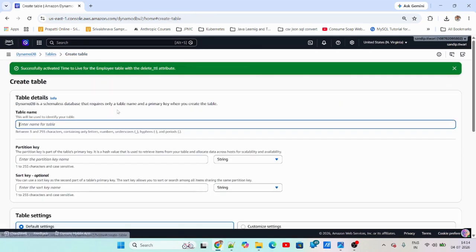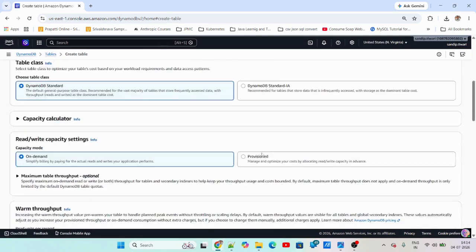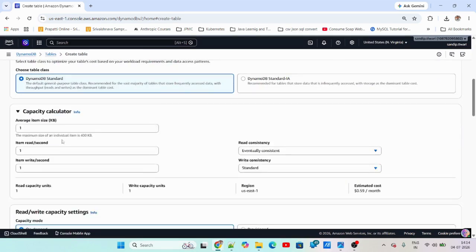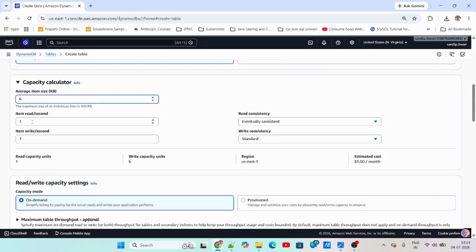Suppose I create a table and go into customize settings. Here there is a capacity calculator. Here you can provide, say, my item size 6 KB, my item reads per second, whether eventually consistent or strongly consistent, let's make it 200.